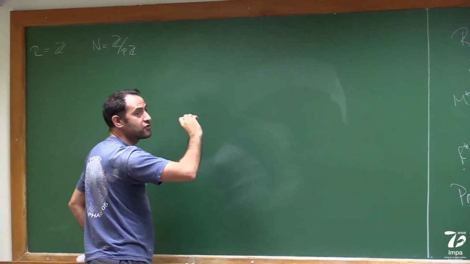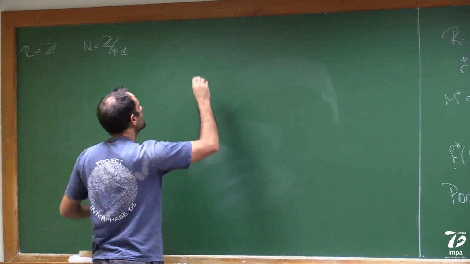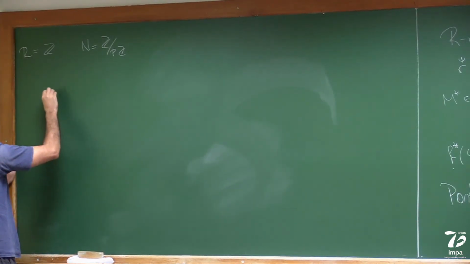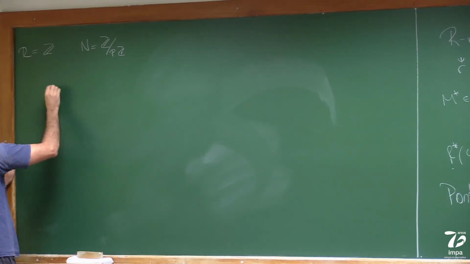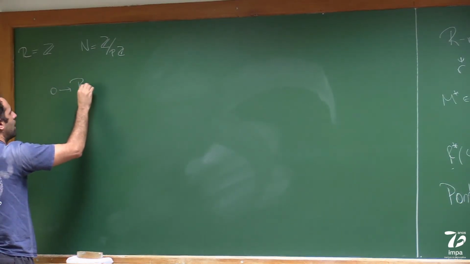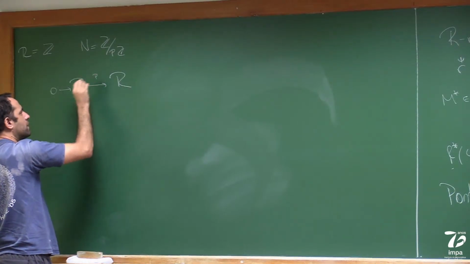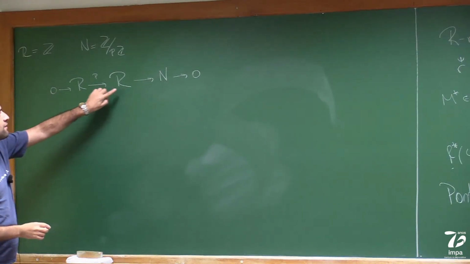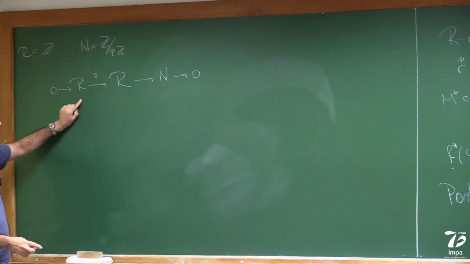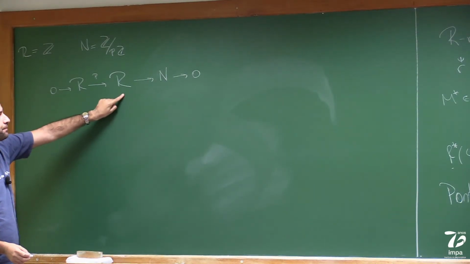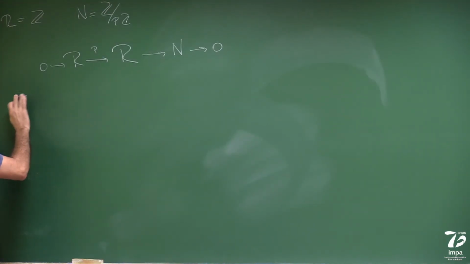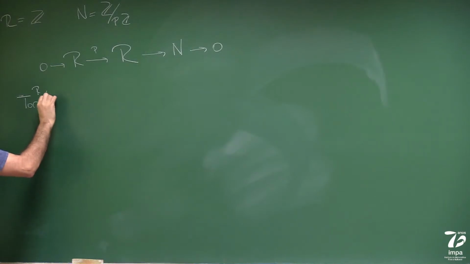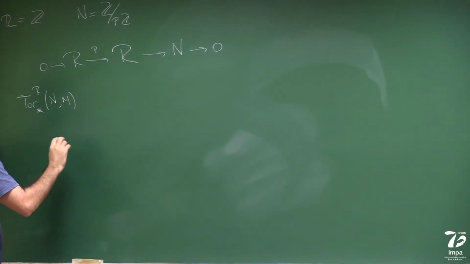And then M to be an arbitrary abelian group, which is an arbitrary Z module. Then I could resolve N by looking at this resolution. R maps to R, here is multiplication by p, maps to N. So this is a projective resolution. This is a free resolution of N as an R module. Here is multiplication by p. And therefore, to compute the torsion groups over R of N and M, what I need to do is look at this.